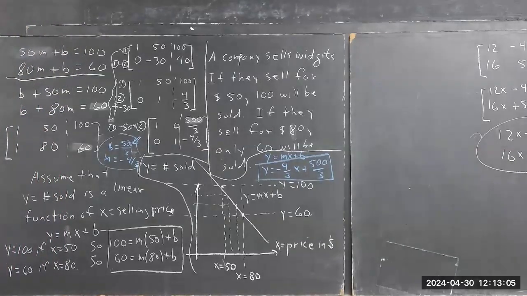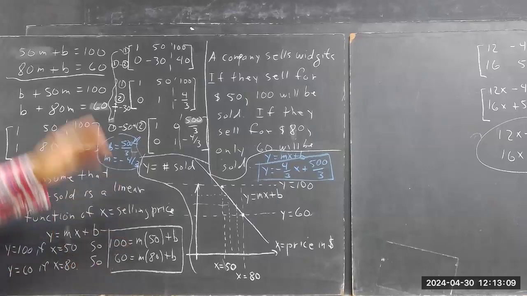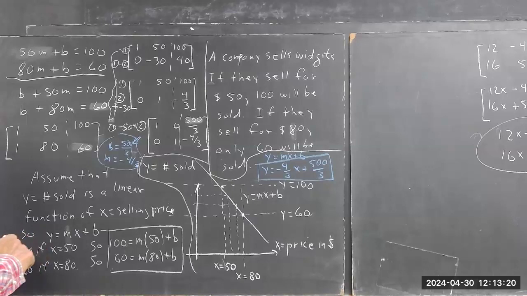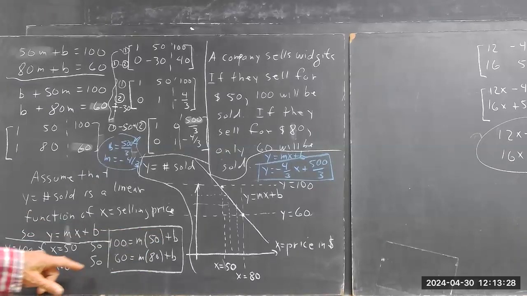So again, things are a little scattered here, but we take these two equations. I wrote, assume that the number y sold is a linear function of x, which is the selling price, so that y equals mx plus b. Y equals 100 if x equals 50, so we get this equation. Y equals 60 if x equals 80, so we get this equation.